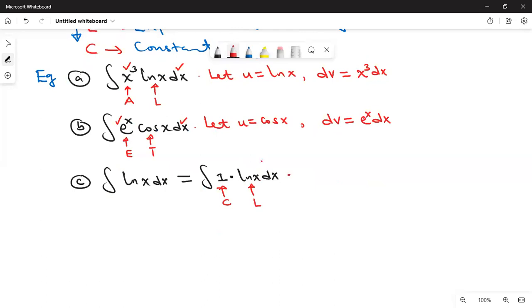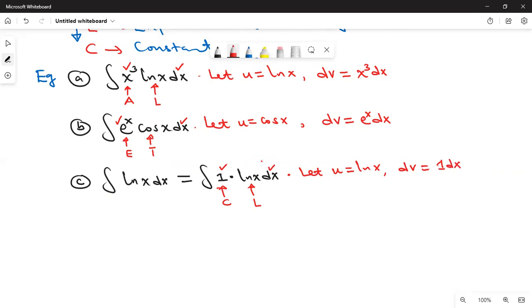So when you look at LIATE, you encounter L before C. So you say let u be equal to ln x. And now we remain with 1 times dx, that will form dv. So dv is equal to 1 times dx.